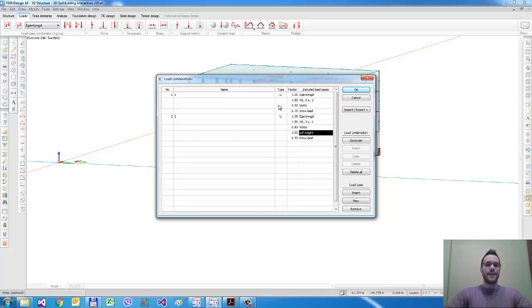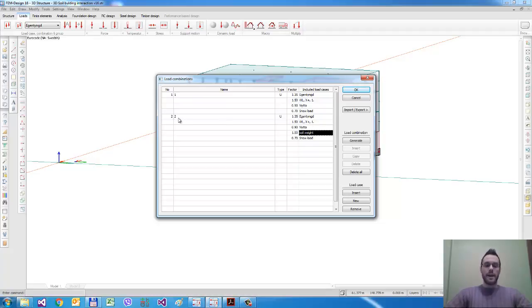In the first load combination we do not apply the soil self-weight because we would like to check just the settlement from the external loads and from the structural loads, and we do not want to see the settlements of the soil according to its self-weight.